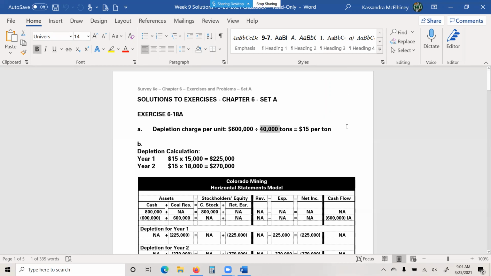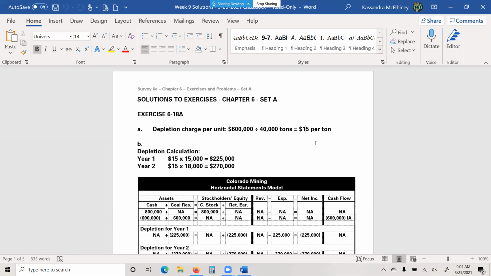So as a per ton depletion rate, we'll have $600,000 cost of the coal mine divided by 40,000 tons of coal to be extracted, gives us a depletion rate of $15 per ton. So we'll be taking a depletion expense of $15 for every ton of coal extracted during the year.